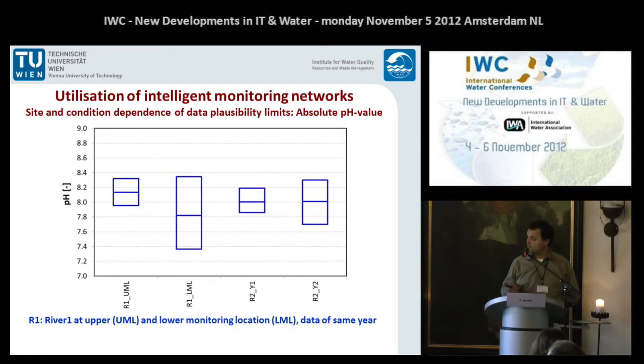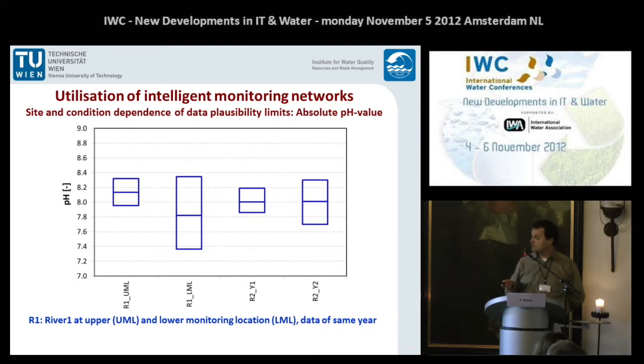And what you see here, at the first river you have two different monitoring locations, and the average pH decreases over the length of the river and the variability increases.